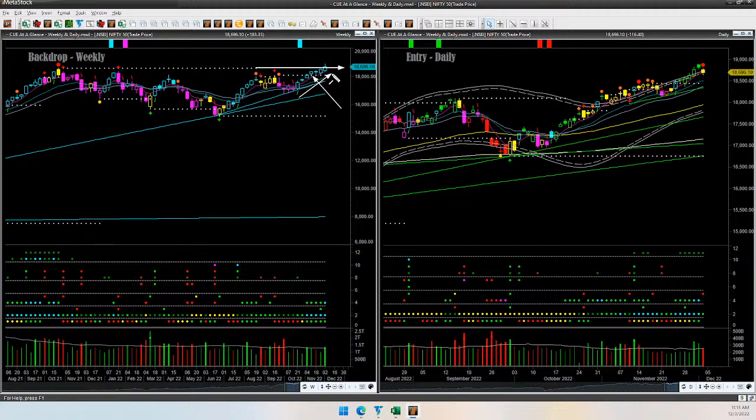All along the backdrop color remained bullish, didn't change to even neutral yellow color. It remained bullish cyan color, and it did make a new all-time high this week. The candle shape in the weekly chart is indecisive because it has an upper tail.